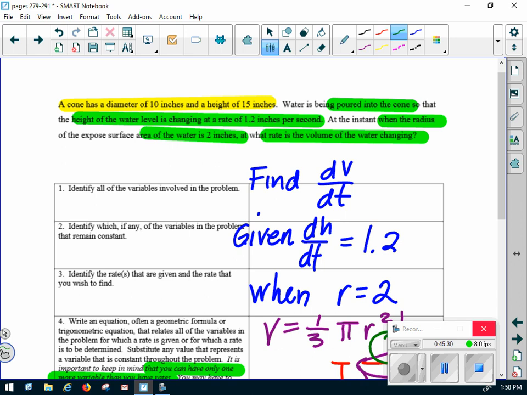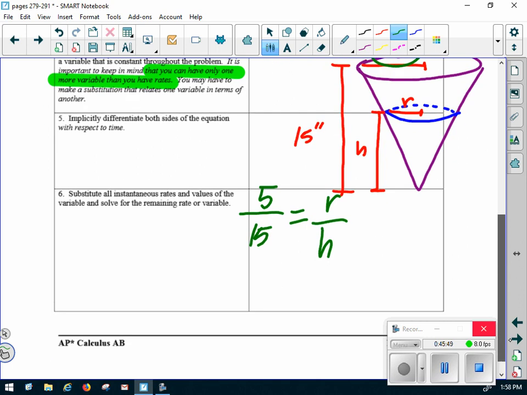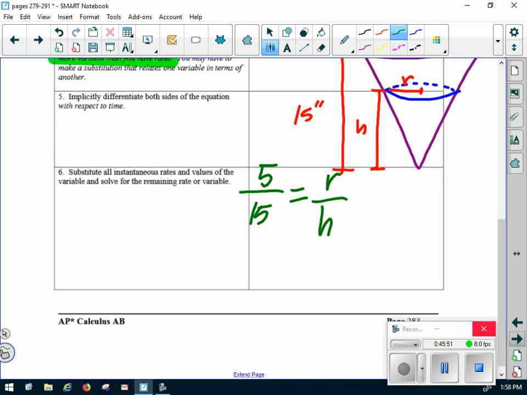At the instant when the radius of the exposed surface area of the water is 2 inches, so that'll be 2, right? So H is 6.